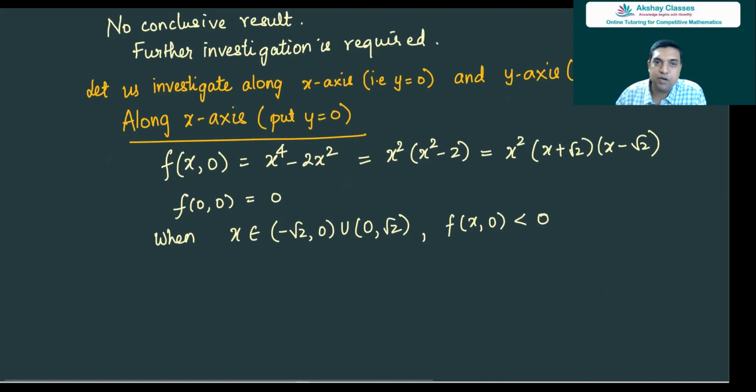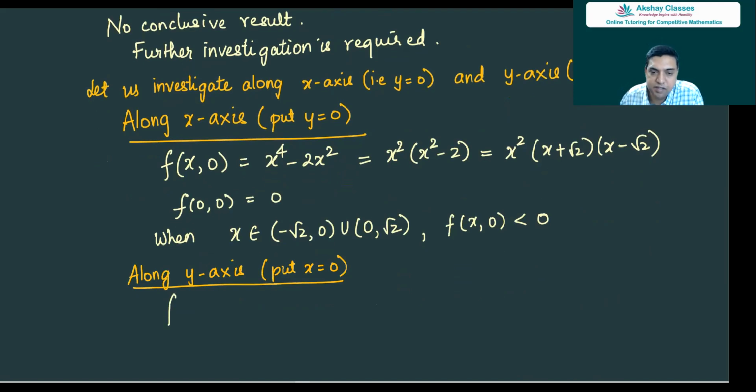Now let us see along the y-axis. So put x equal to 0. So f of 0 comma y.